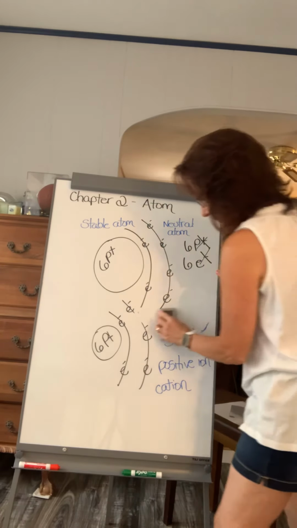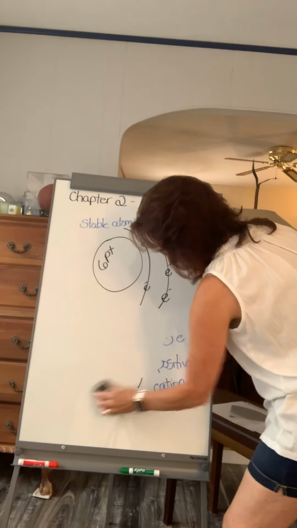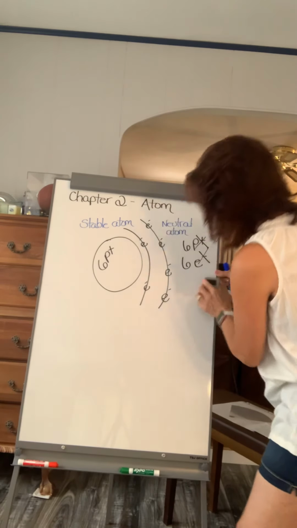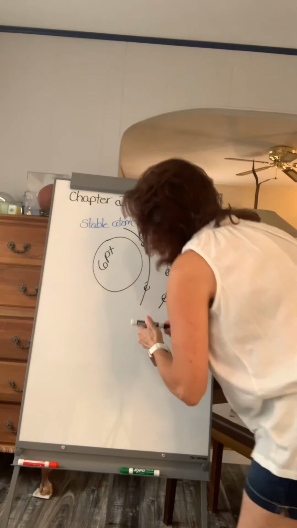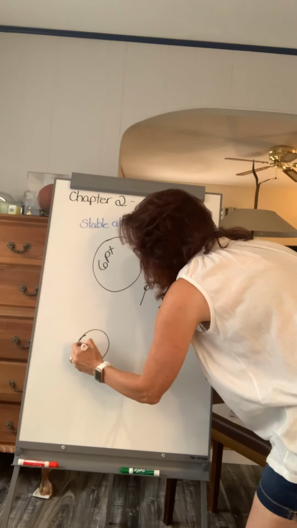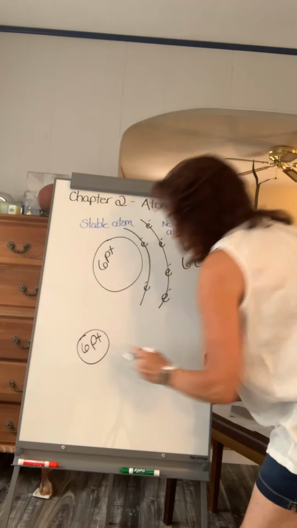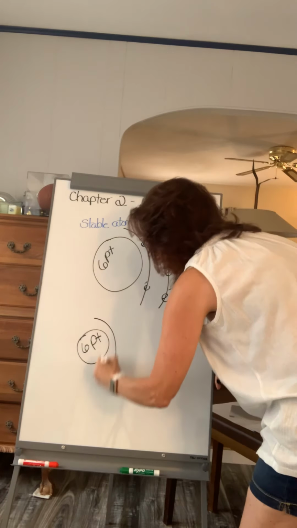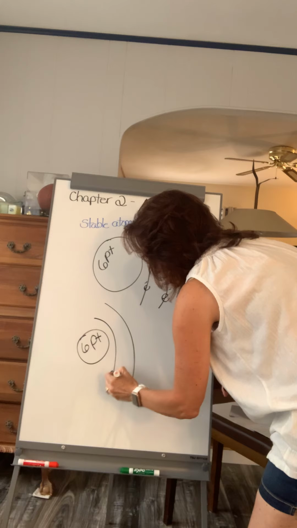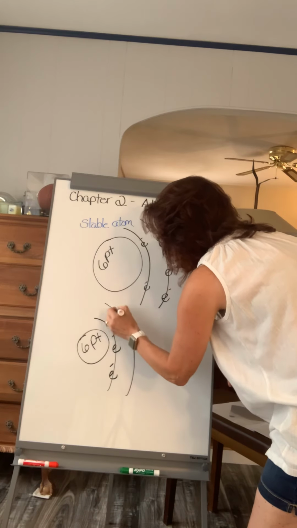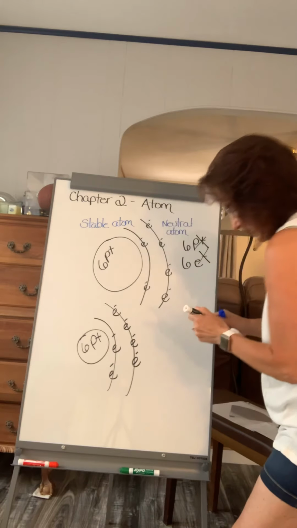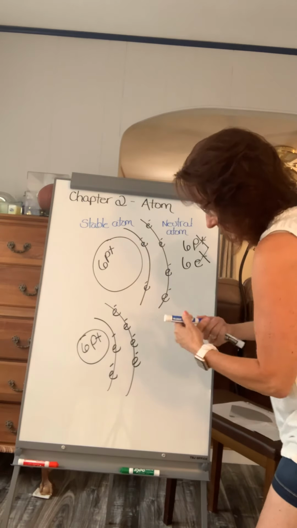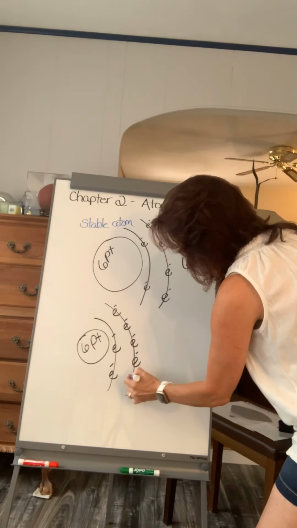Now, what if you had the opposite, where it gained an electron? Well, if it gains an electron, then it started off with 6 positive protons, and then it had 6 electrons. And let's say somehow something happened and it gained an electron.